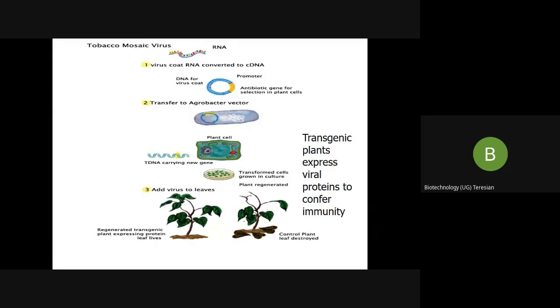Okay, so what they do is they have isolated this gene, cloned the gene, and then see here the DNA for virus coat. So what they have done is they have synthesized this virus coat. This tobacco mosaic virus is an RNA. It is having the nucleic acid as RNA and it is bound by the coat protein.